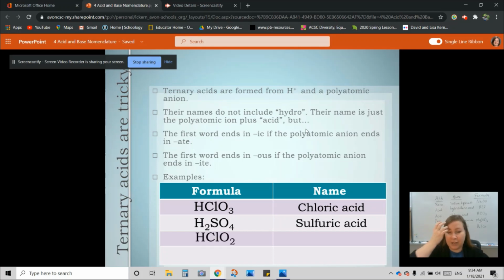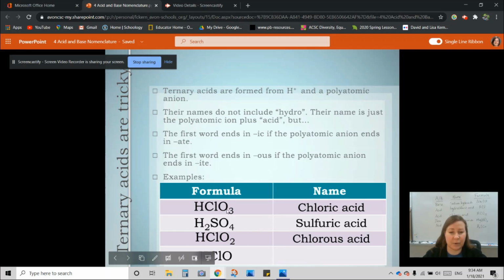All right, the next one, HClO2, well, it kind of looks like the chlorate ion, but it's one less oxygen, so this is the chlorite ion. So this is going to be chlorite, -ite becomes -ous, chlorous acid. And our last one is HClO.